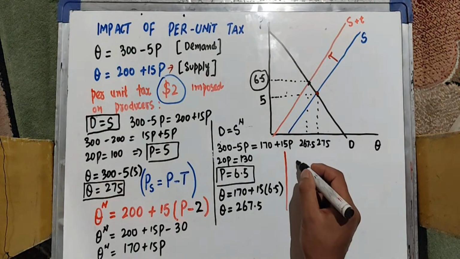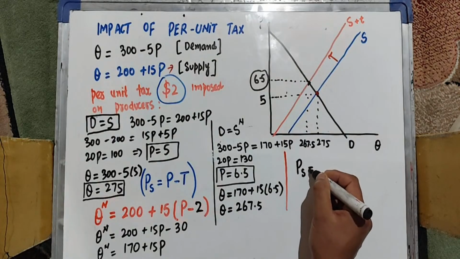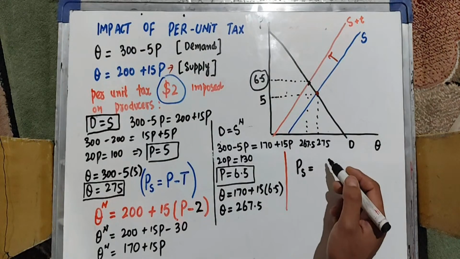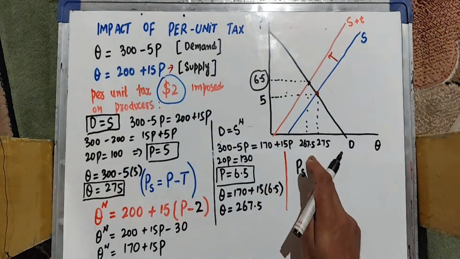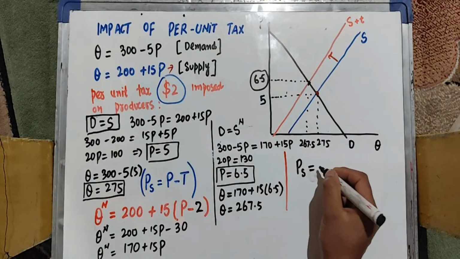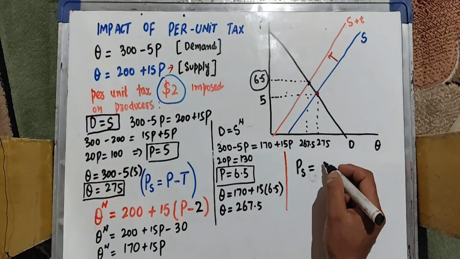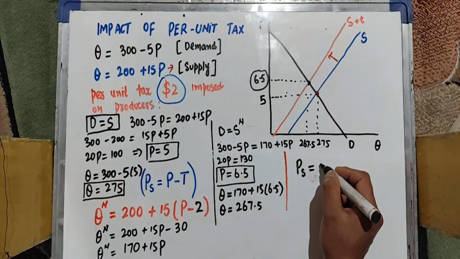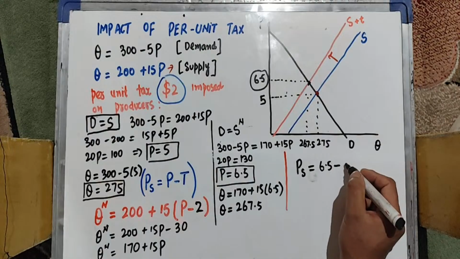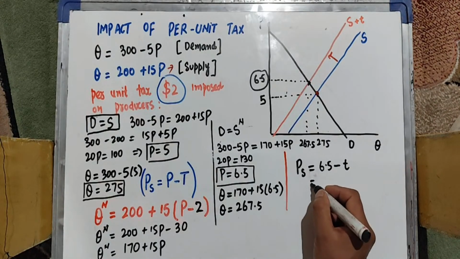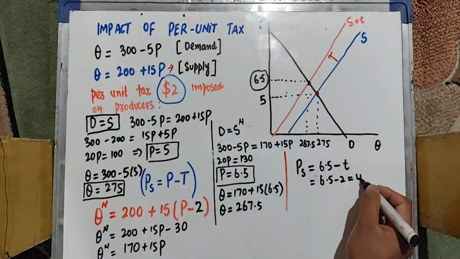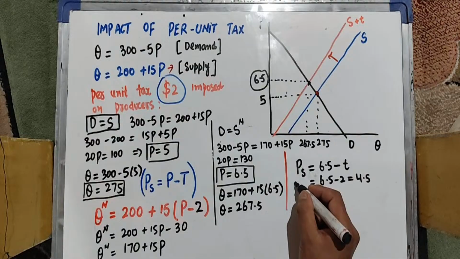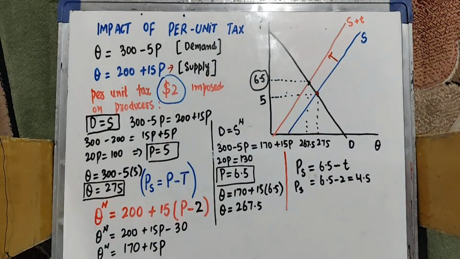So the price that sellers will receive will be equal to the new price that we found after the imposition of tax, which is 6.5 minus the tax, which is 6.5 minus 2, which is equal to 4.5. So this will be the price that sellers will receive.